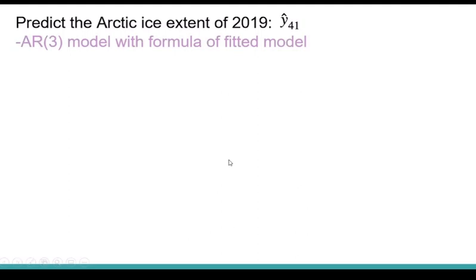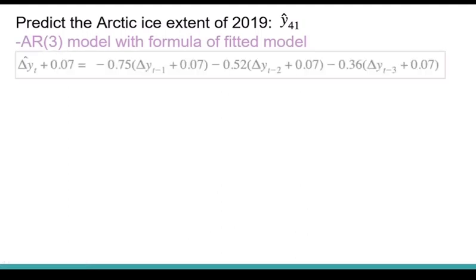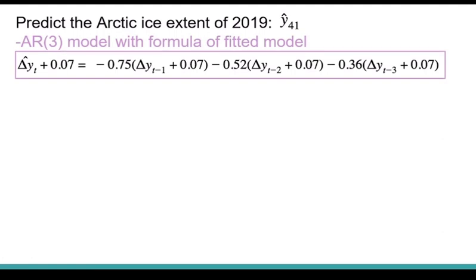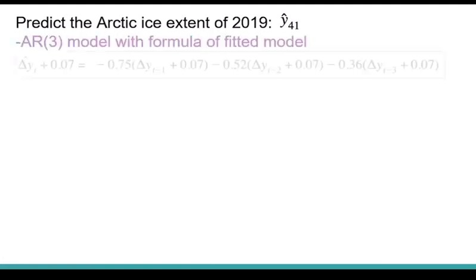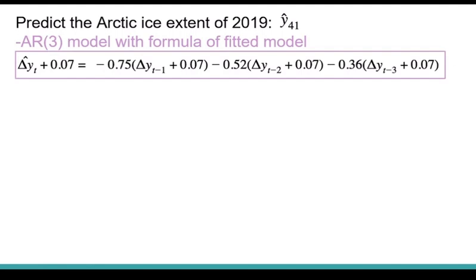If you want to use AR(3) to make a prediction, on the other hand, even though based on the AIC we actually use MA(1) to make the prediction, don't forget, because you are using a differenced data set, this is going to be your model. 0.07 is the mu, and this guy here and this guy here and this guy here are the parameters in the AR(3) model.